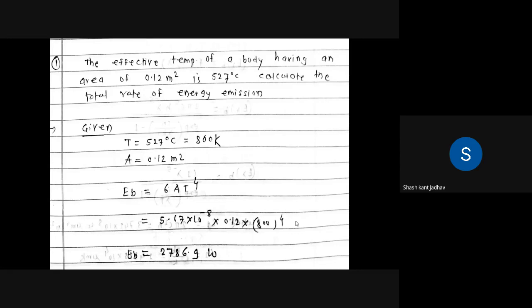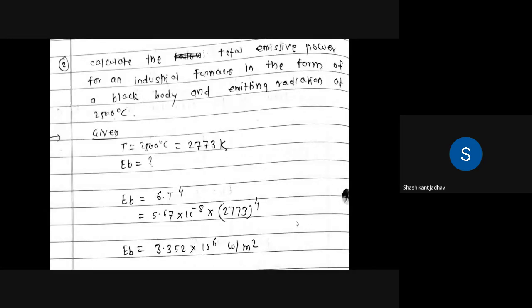Now write down the second problem. Calculate the total emissive power for an industrial furnace in the form of a black body, and emitting radiation of 2500 degrees Celsius.